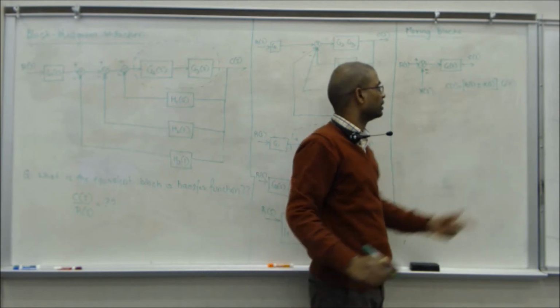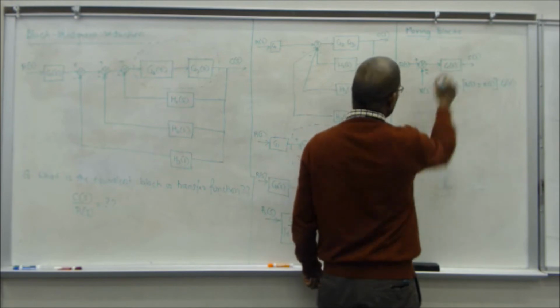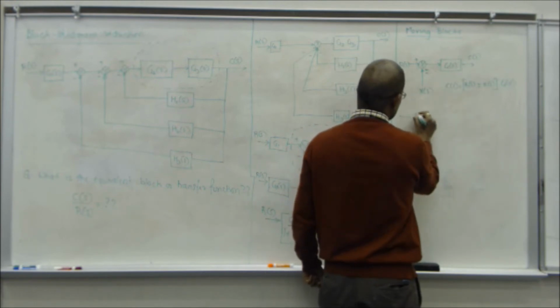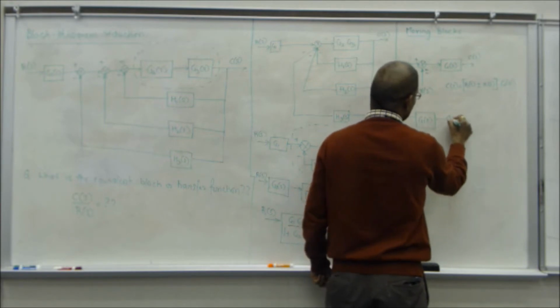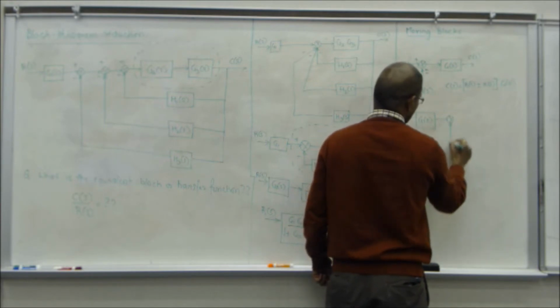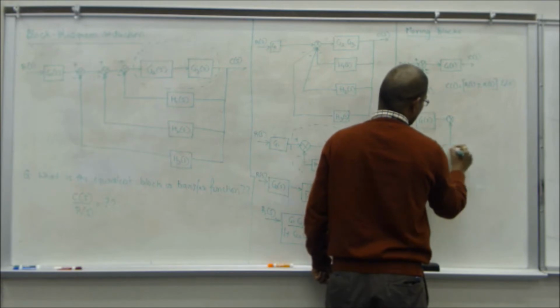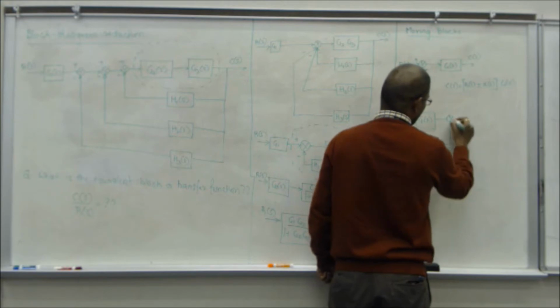the output signal. Now, if you want to move this block here, there will be a need for you to move blocks around. So you have to make sure whatever the output signal is the same.